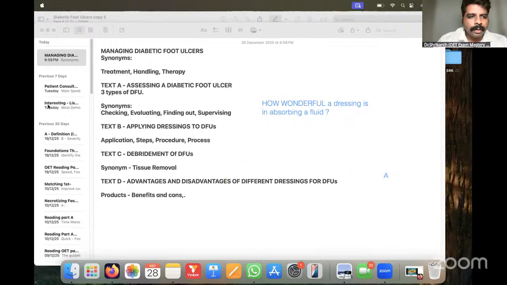Right, so here they're talking about the advantages and disadvantages of different types of dressings, right? So advantages basically means what? How wonderful it is in absorbing a fluid over here, right? So now my intuition is telling that it could be in text D. Why?